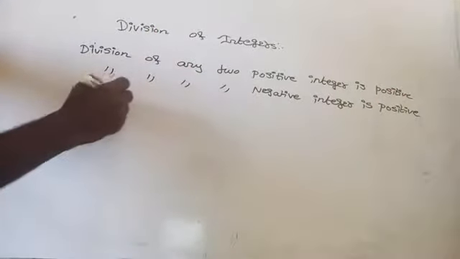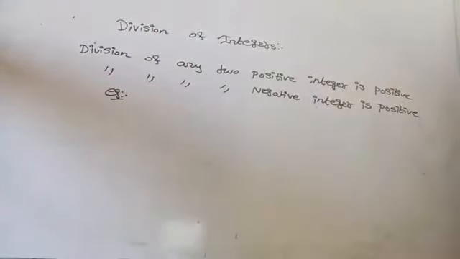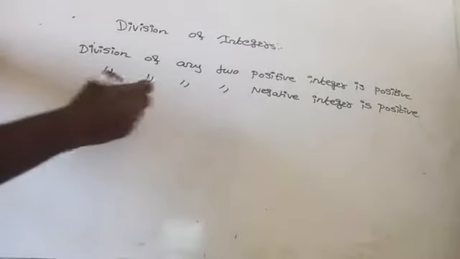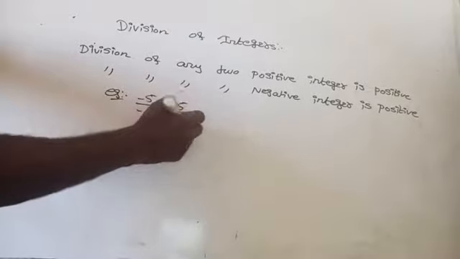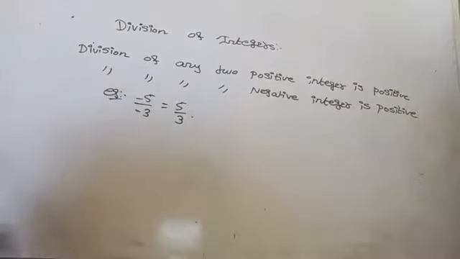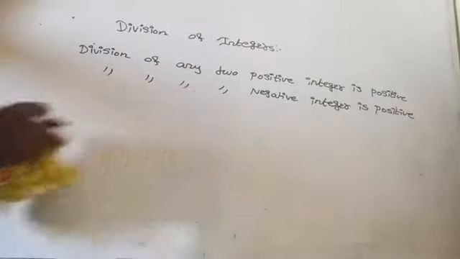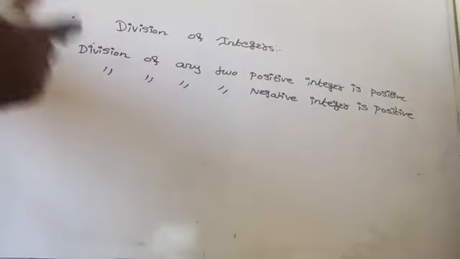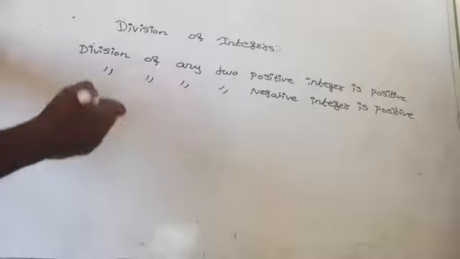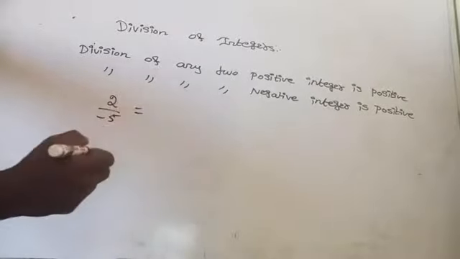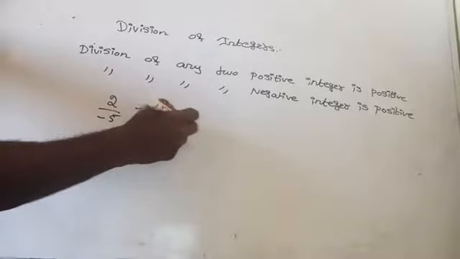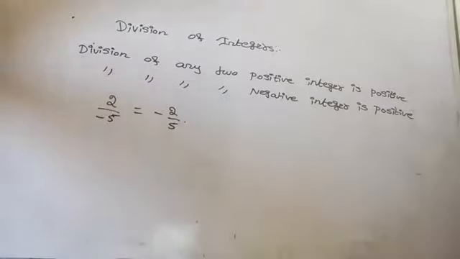For example, minus 5 divided by minus 3 is equal to 5 by 3. Then the division of a positive integer by a negative integer is always negative. For example, 2 divided by minus 5 is equal to minus 2 by 5.